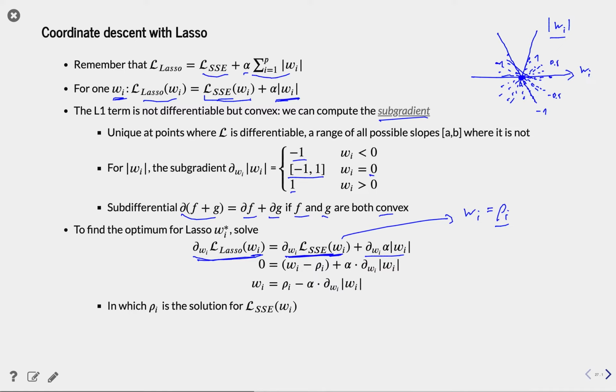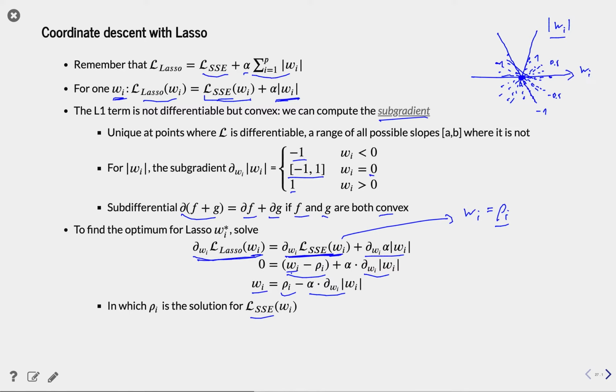Now we can replace this by Wi minus rho i, and we still have to look at this. If we move this Wi to the right, our optimal solution Wi is the solution we got from the sum of least squared errors minus alpha times the subgradient of Wi.